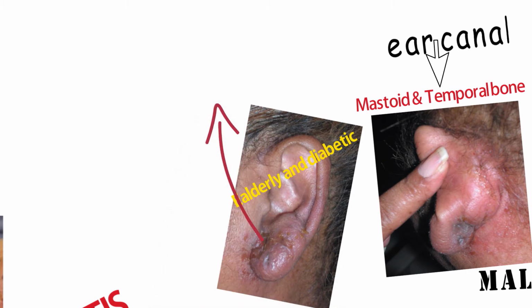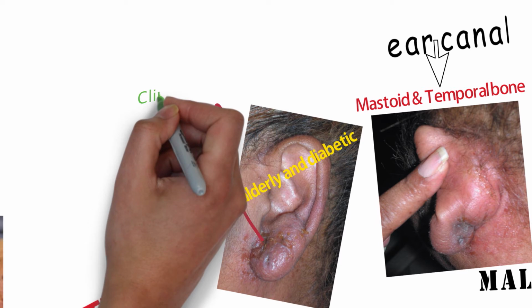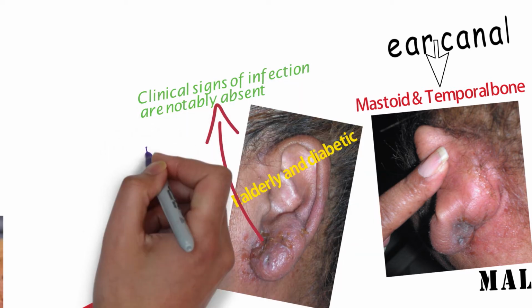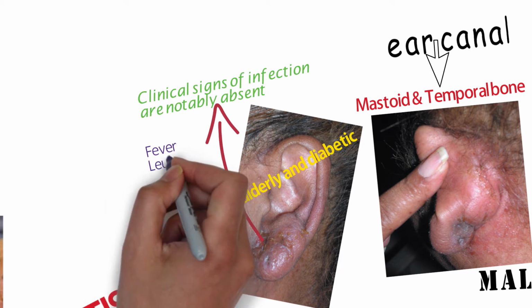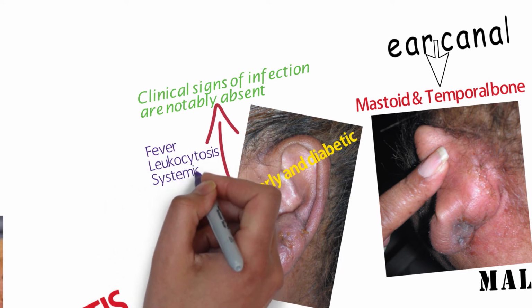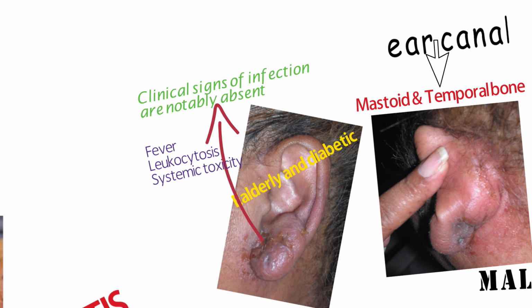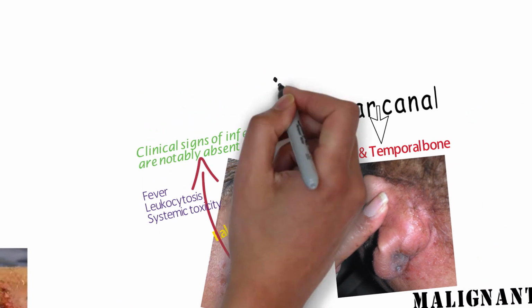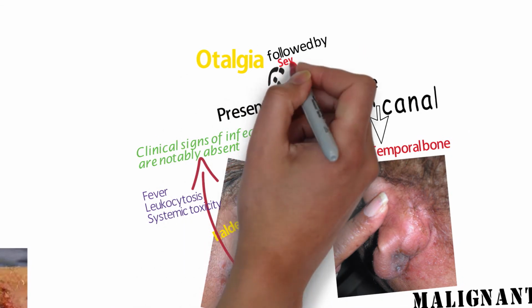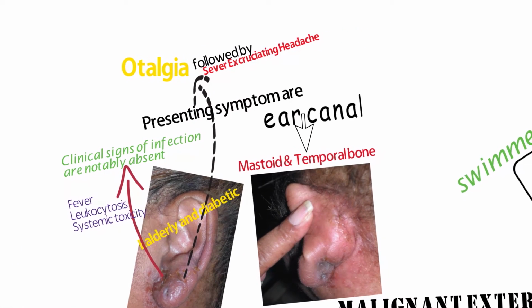In malignant external otitis, the clinical signs of infection are notably absent. Means that there is no remarkable fever, or remarkable leukocytosis or systemic toxicity. The most common presenting symptom is otalgia, followed by severe excruciating headache.